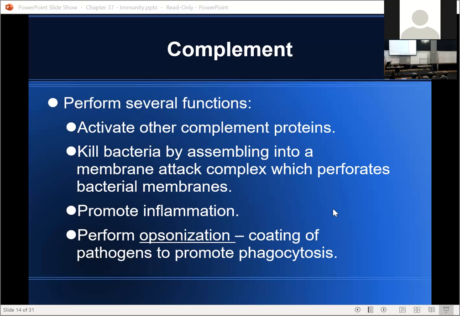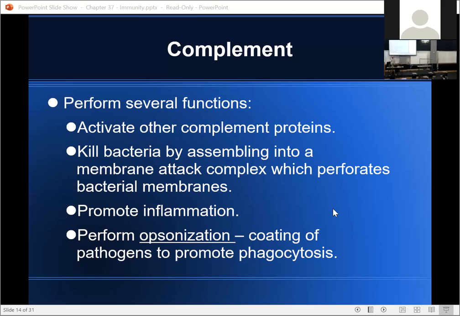So when complement sticks to the surface of a pathogen, whether we're talking about a bacterium or a fungal cell or a virus, it makes that pathogen more attractive to phagocytic cells. So the phagocytic cells will engulf and digest coated, or opsonized, pathogens much more readily than uncoated ones.